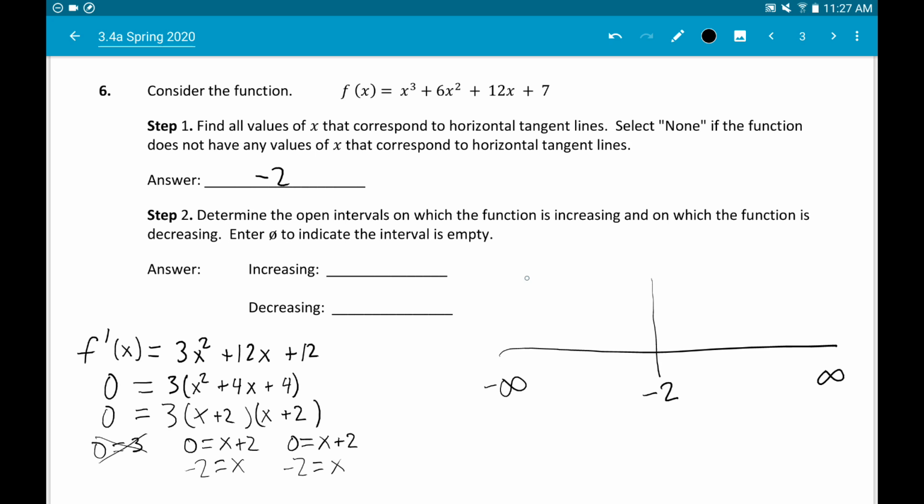And we pick something in each interval to plug into the derivative. For the left interval, I need something less than -2. Let's say -3. For the right interval, something between -2 and infinity, I'm going to pick 0. Go and actually plug those into the derivative. Again, our derivative's right here.